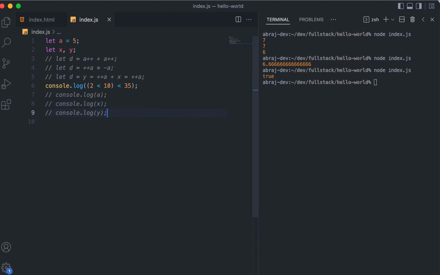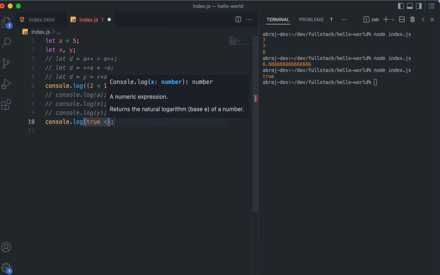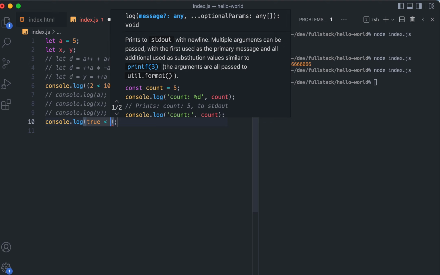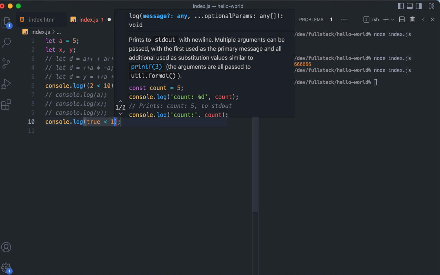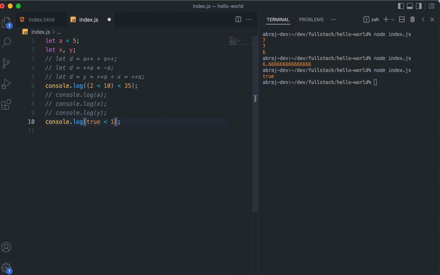So if I say true is less than, let's say, 2, then generally there should be another number to compare, but if you put true or false at places where there should be a value in comparison, then true is treated as 1. So 1 is less than 2, it is true.